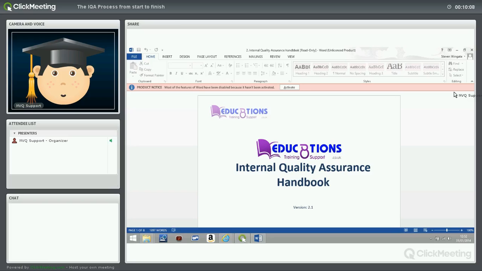If you have a disagreement or an appeal, then by all means you can email me with that and I'll deal with it.